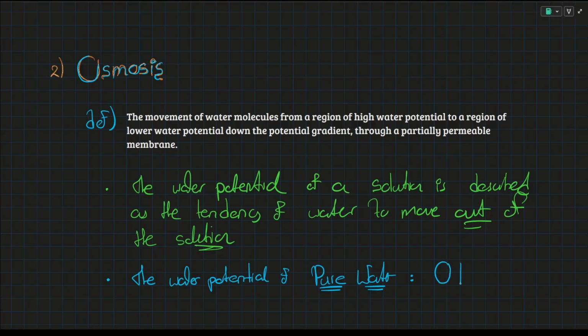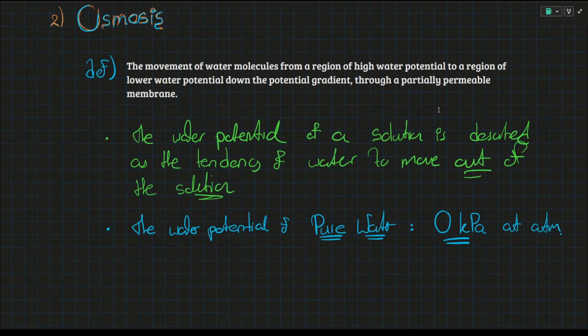The units are actually kilopascals. You don't have to worry about how this came to be. But just so you know, at atmospheric pressure and temperature, the water potential of pure water is zero. The tendency of water to move out of the solution when it comes to pure water is zero.